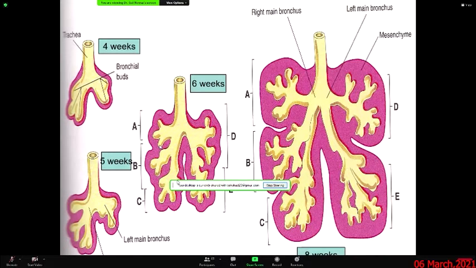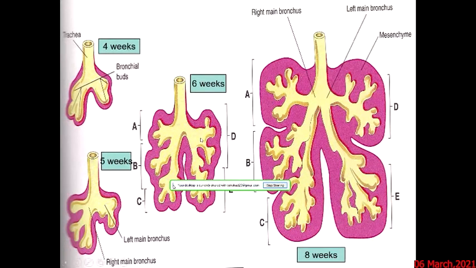Look here, এখানে কি? The lobar bronchus, secondary 1 and 2, 1, 2, 3. Then the tertiary or segmental bronchi, 1, 2, 3, 4, 5, 6, 7, 8, 9, 10. And then the mesenchyme, splanchnic mesoderm, also starts to divide. আগে তো এরকম ছিল, splanchnic mesoderm একদম সোজা.